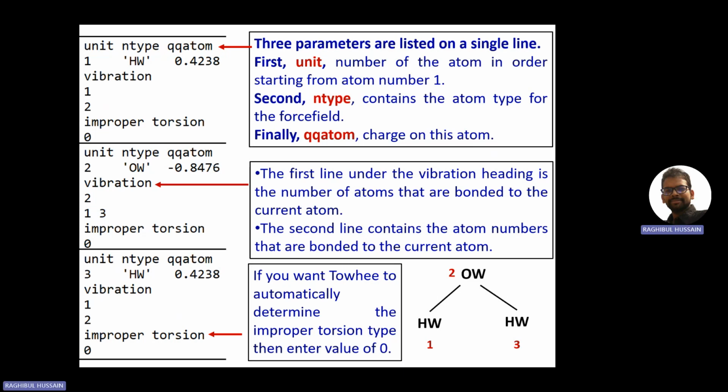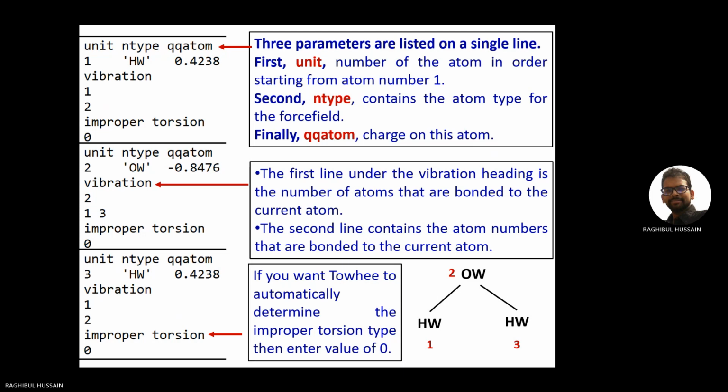We always start with the atom number. So we are starting with atom number 1. We have defined atom 1, type and charge. Now vibration: with how many atoms is this atom 1 connected? 1, which is oxygen. And what is the number? So the number is 2. Done.